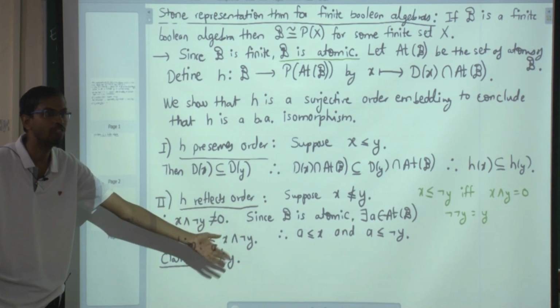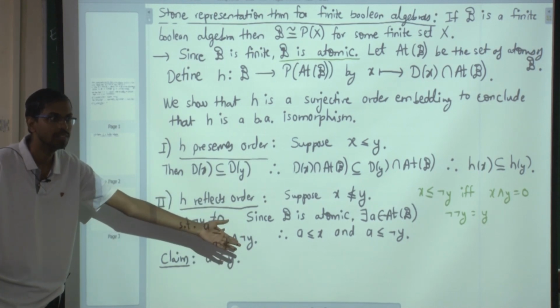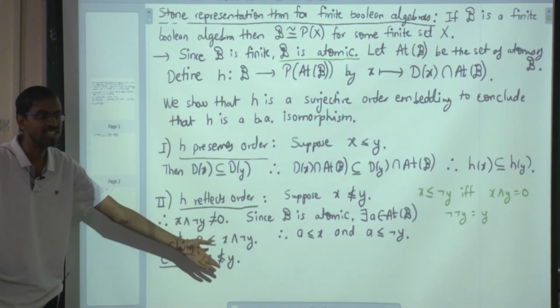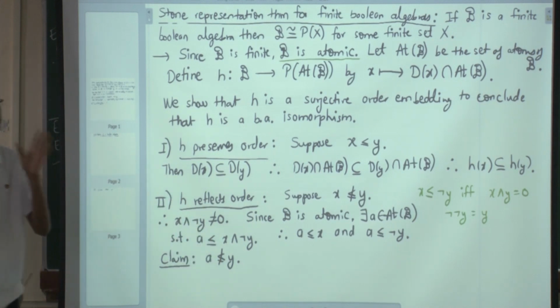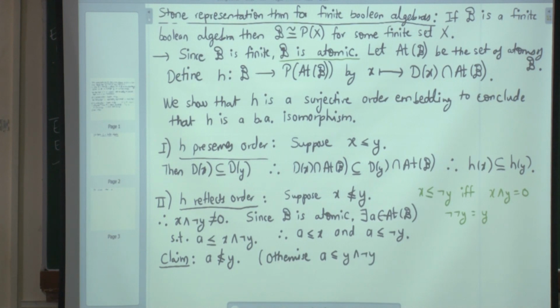And what is the meet of Y and negation Y? 0. But A cannot be 0. A is an atom, and an atom is a non-zero minimal element. Otherwise A is less equal Y meet negation Y equal to 0, a contradiction.